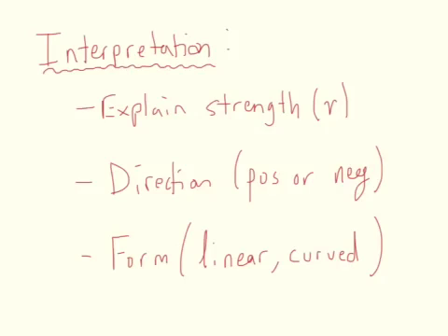A curved relation would be one in which, as the explanatory variable increases, the response variable doesn't increase at the same rate the explanatory variable does. It increases at an increasing rate. That would be a curved relationship between the explanatory and response variable. So these three metrics of evaluation should always be considered when you're looking at any sort of stats FRQ or multiple choice question regarding scatter plots and r correlation.